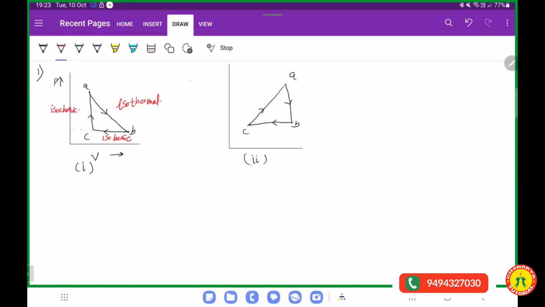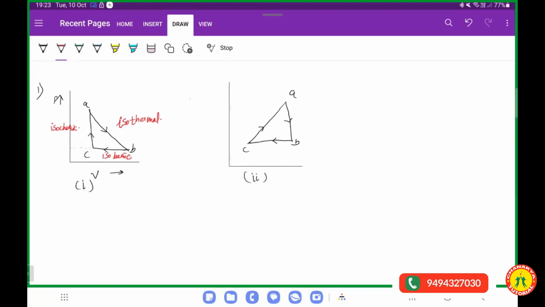Isochoric, because here volume is constant. In isobaric, we have pressure constant. If you can't remember, just go with the name bar. Bar means unit of pressure. 1 bar atmospheric pressure, 10 to the power 5, right? So baric. Isothermal, thermal means heat. Isochoric, that is volume. Now you tell me for the second graph.